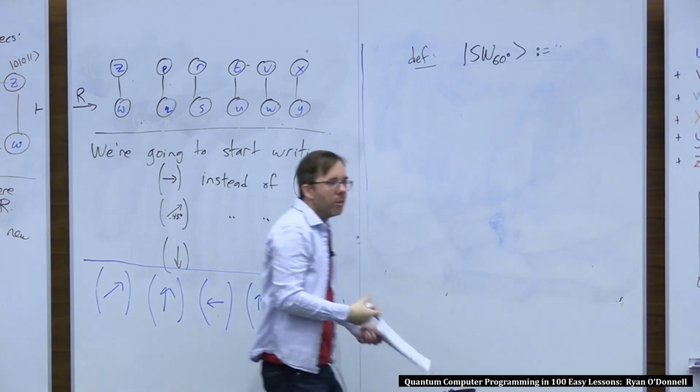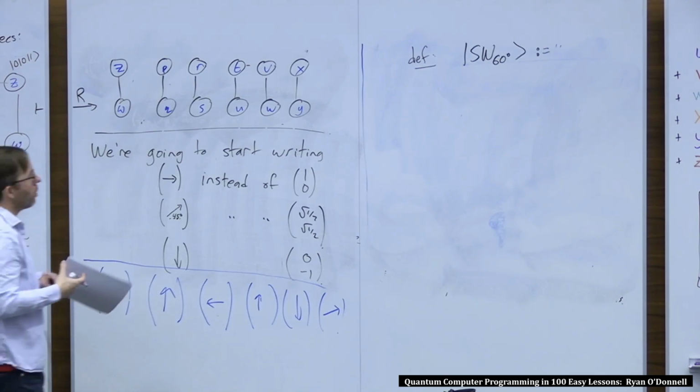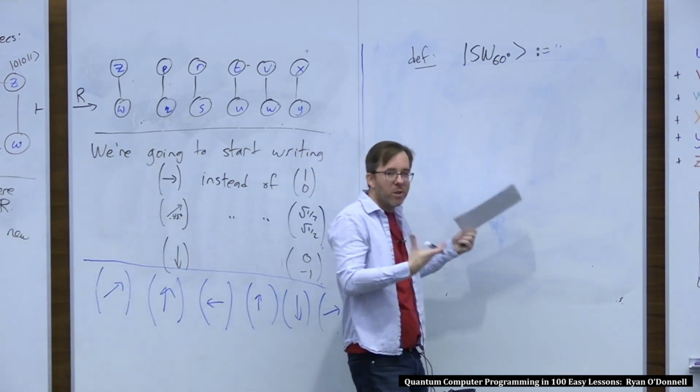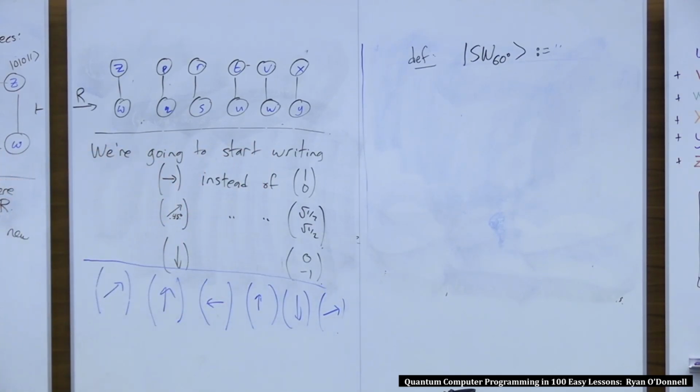I'll say here that I'm doing a thing that's a little bit annoying when mathematicians do it, where they just tell you the answer out of the blue, and then we'll check that this answer is correct. So I'm not going to try to motivate how we got this, but maybe when you see it, you'll see why it has the property that it's getting rotated 60 degrees. But anyway, you'll just have to accept it.